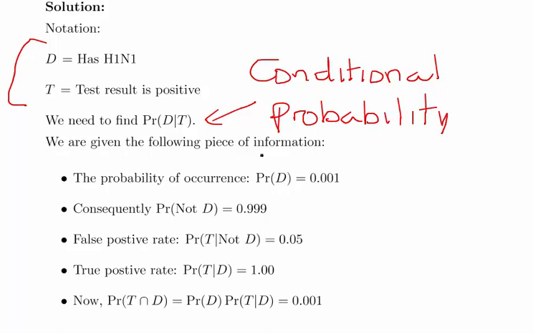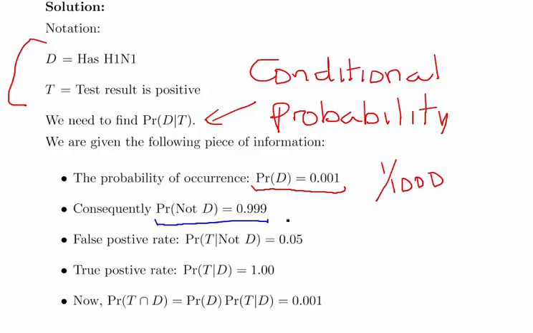The probability of D is 1 in 1,000. That means consequently that the probability of not having the disease is 0.999. The false positive rate is the probability that you test positive but don't have the disease, which is 0.05.